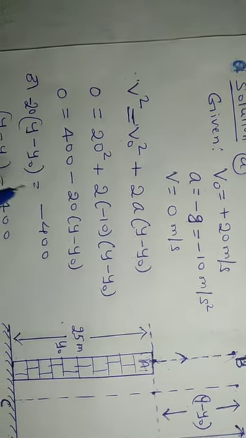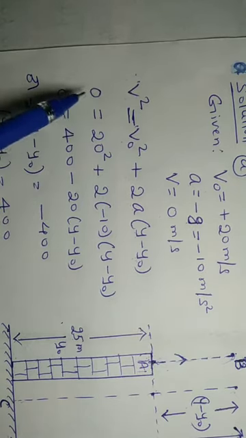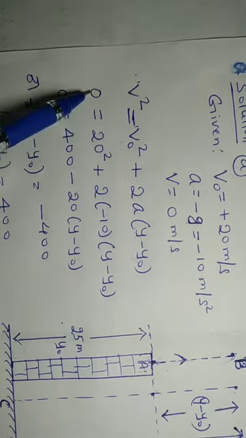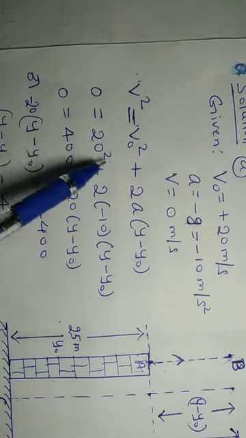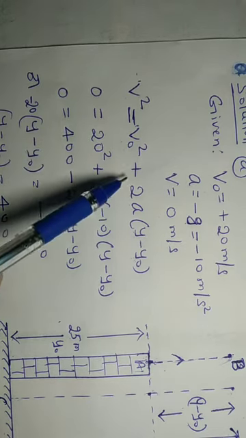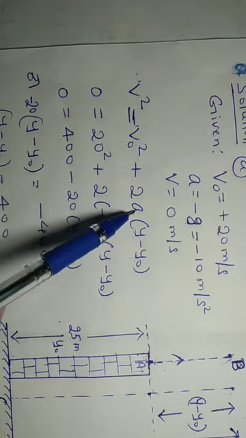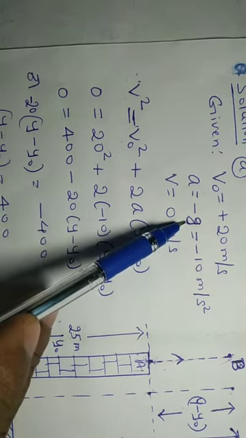Now you can substitute the values. What is the value of v? That is 0. So 0 square is 0. v naught, initial velocity, is 20, so 20 square. Then plus 2 into a. Here a is acceleration, and instead of a we have taken g.